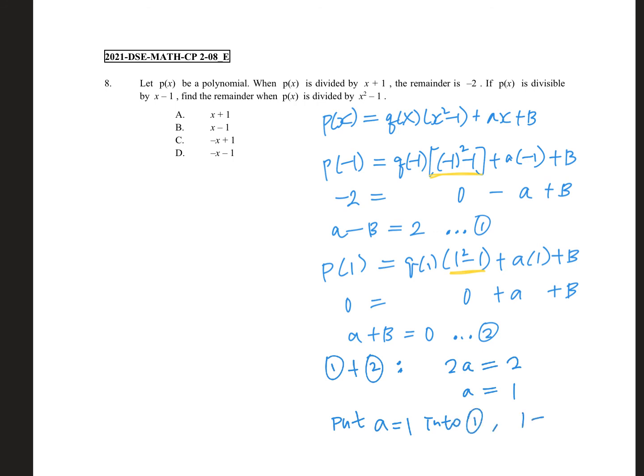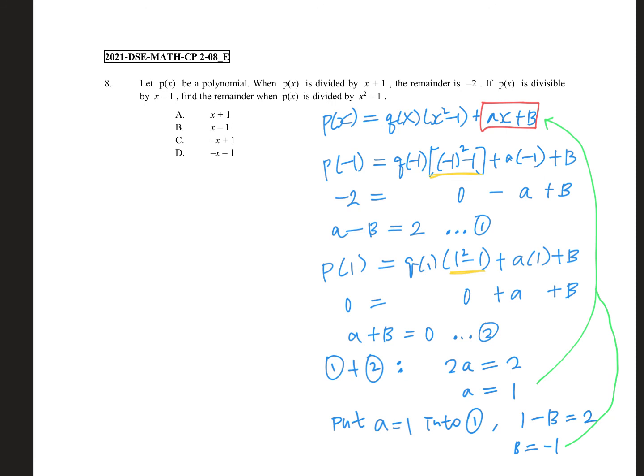So 1 minus b equals 2, so b will be negative 1. If you plug all these things back into the first step, that is what the remainder will be.